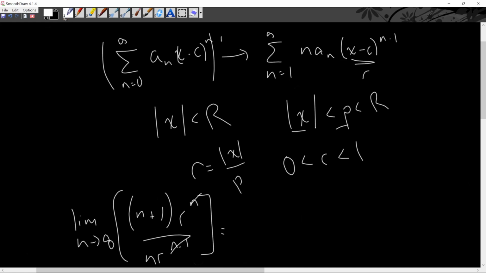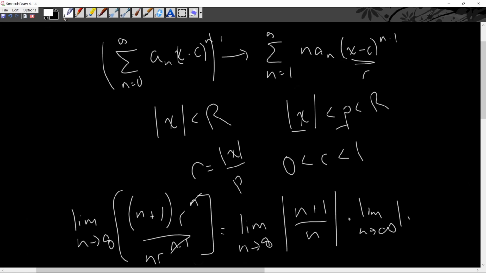So we're left with the limit as n approaches infinity of the absolute value of n plus 1 over n, and I'm going to separate this into two. Again, we have the limit as n approaches infinity of the absolute value of r. So this is of course 1, and this is going to be r. So we can say that r is less than 1.